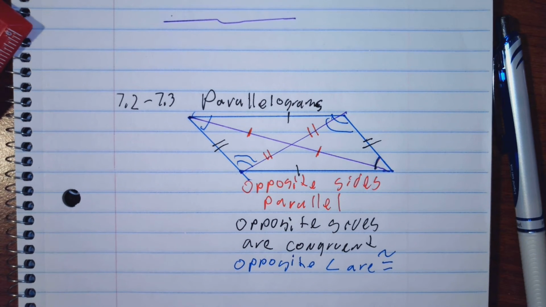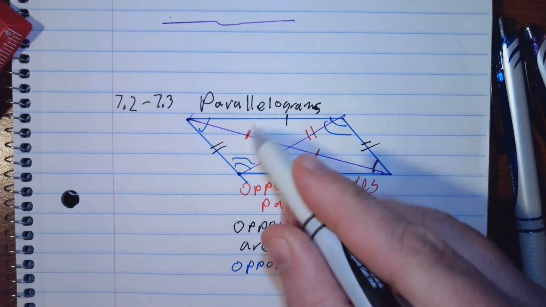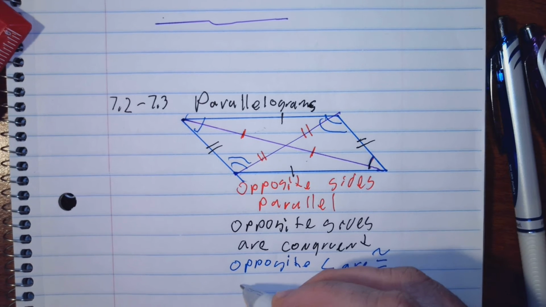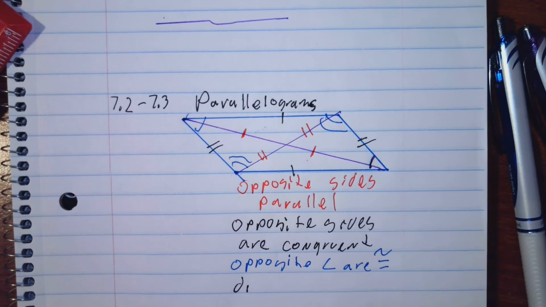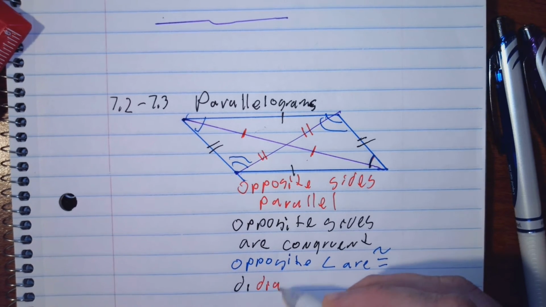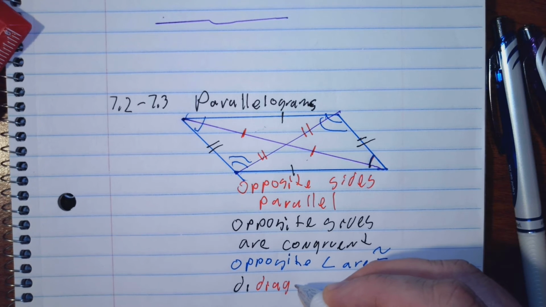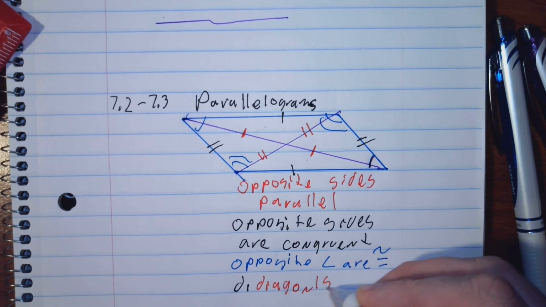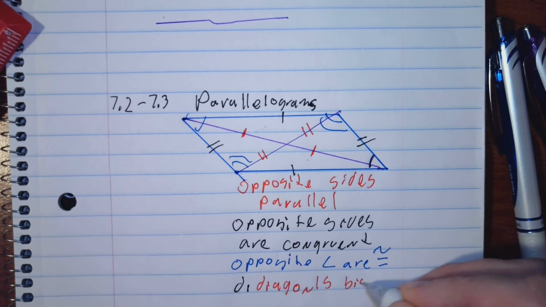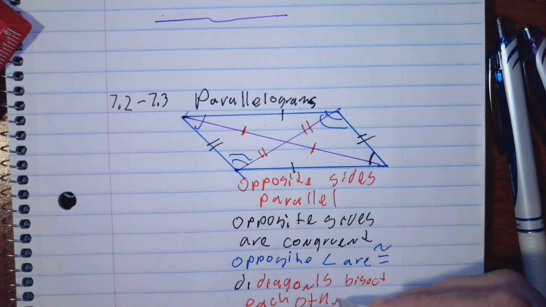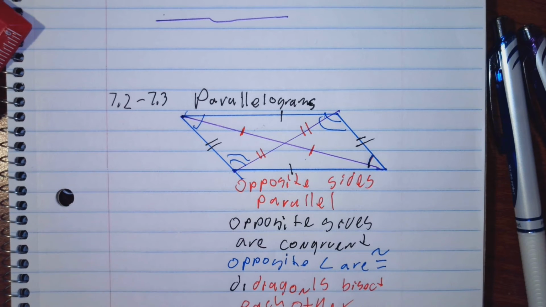So in a quadrilateral that is a parallelogram, the diagonals bisect each other. Remember, the definition of bisect creates two congruent segments. Let's write that in red: diagonals. Each shape will deal with diagonals. That's basically all of the theorems here.